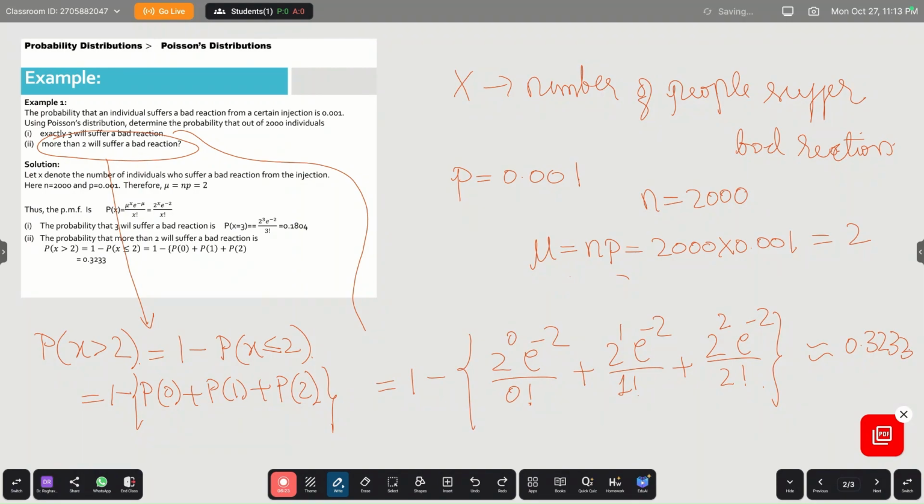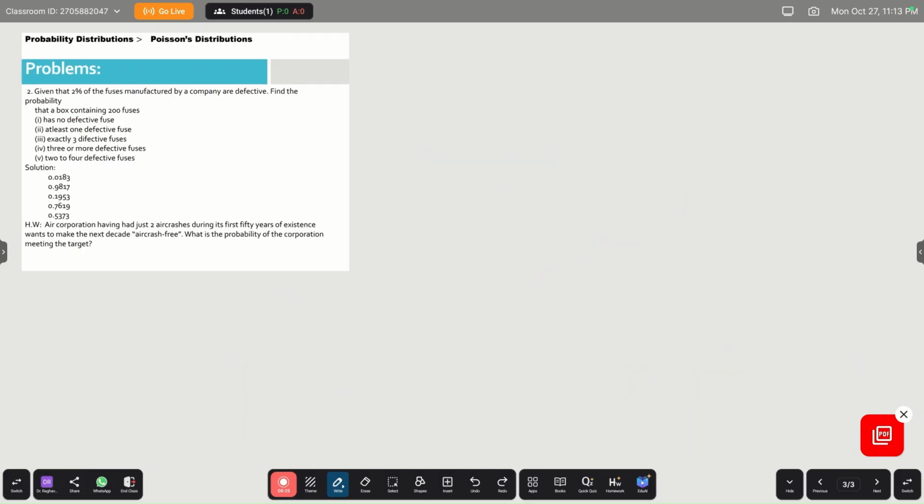Okay. So let us take one more example, and definitely, as I have already mentioned, you can skip the video if you have understood this completely. Here n is 200 because we are doing it for 200 fuses, given that 2% of the fuses manufactured by a company are defective.